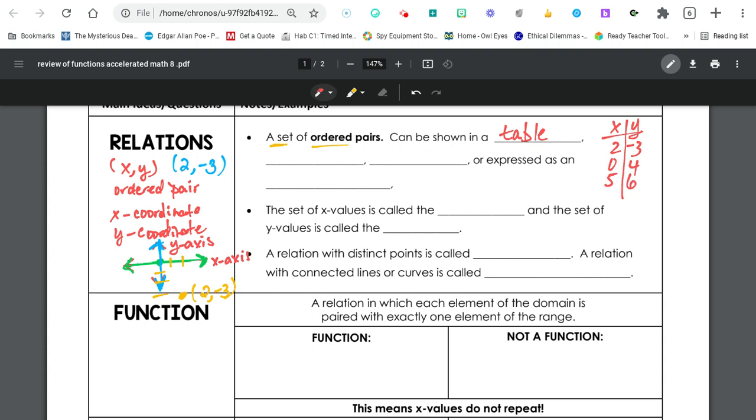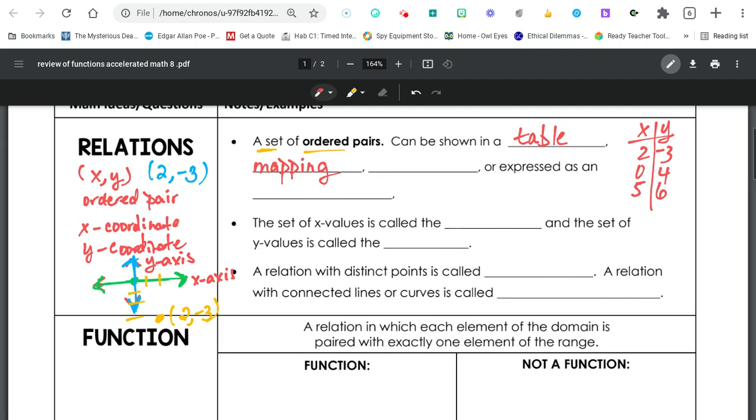It can be shown in a mapping. Let me show you what a mapping looks like. So a mapping will have like an oval and another oval. The first oval will be your X and the second one will be your Y. Let me write this. I'm trying to write it where you can see everything, guys.